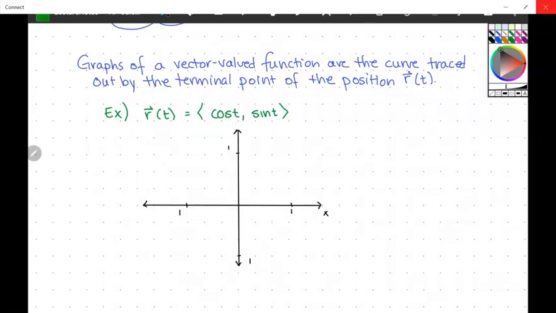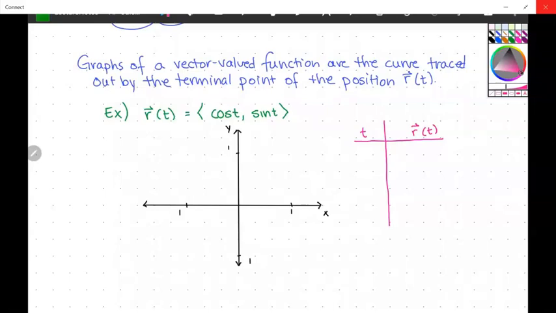Okay, so let's just pick some values and see what's happening. So we'll have t, and then we'll put r of t. And we'll look at these guys.